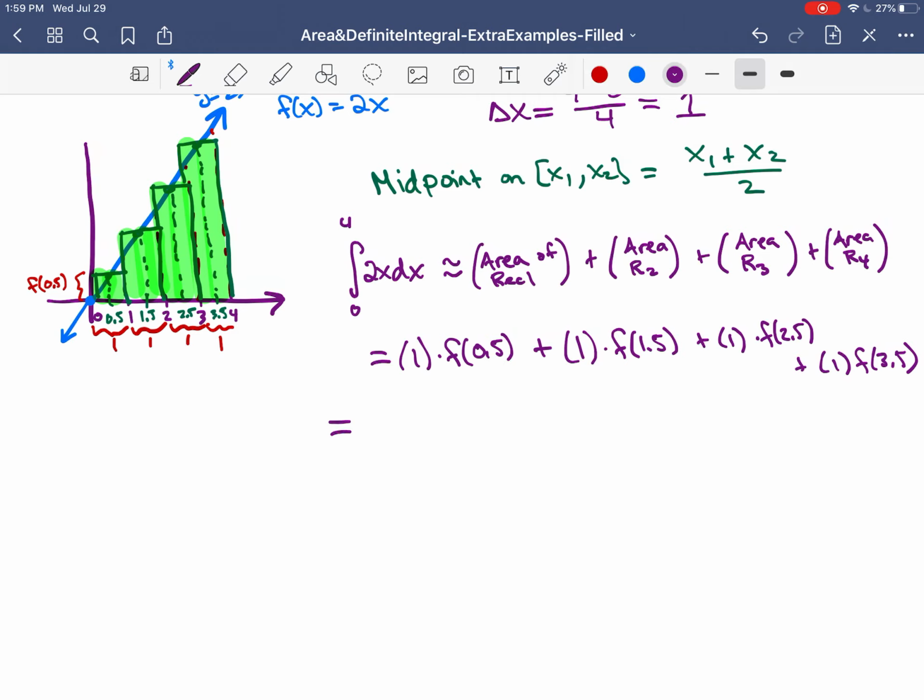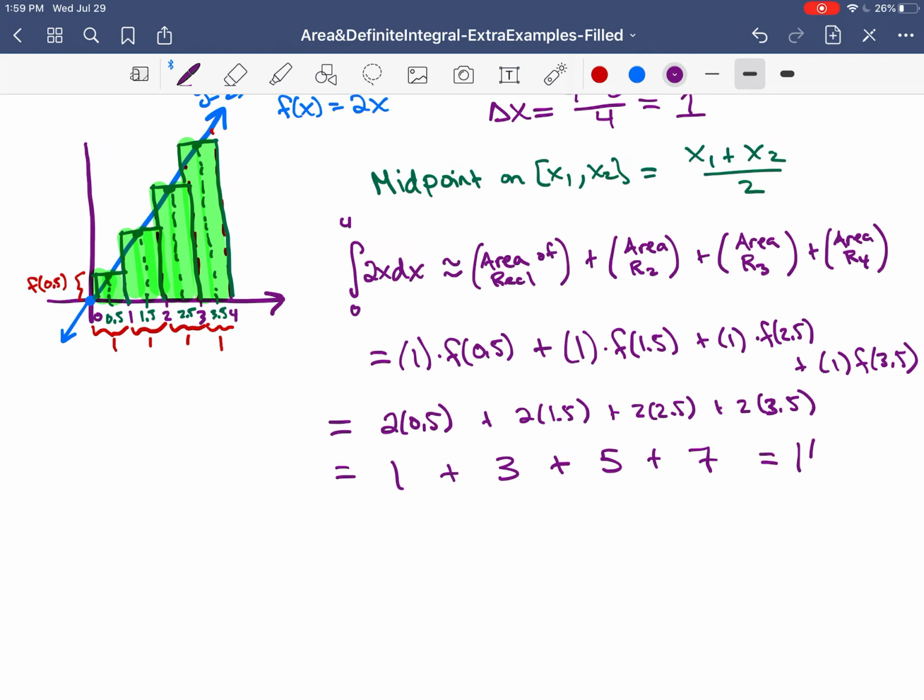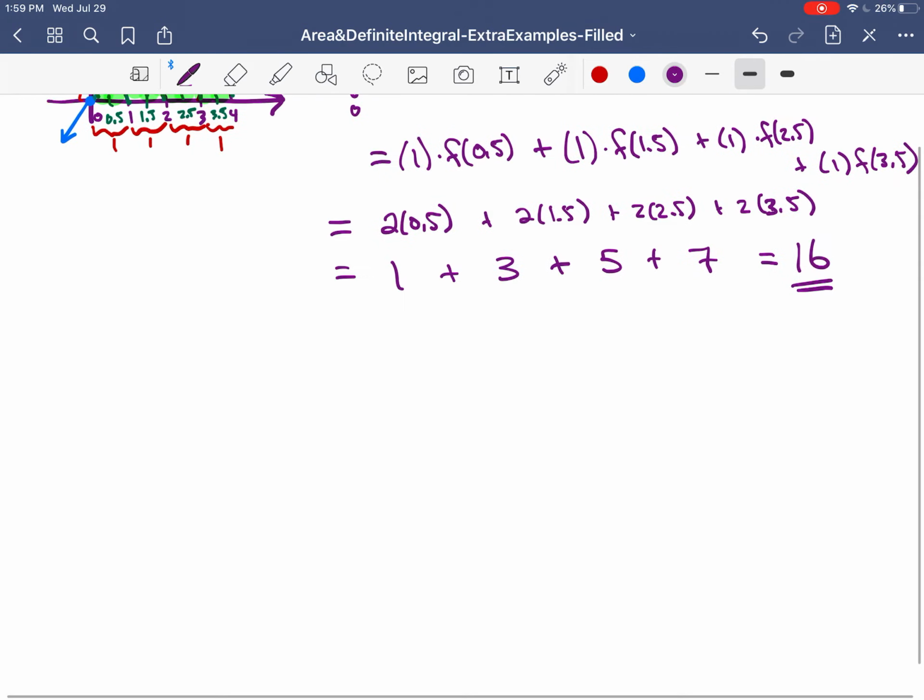To find f of 0.5, you can use the equation. It's 2 times x, so this is going to be 2 times 0.5 plus 2 times 1.5 plus 2 times 2.5 plus 2 times 3.5. That's 1 plus 3 plus 5 plus 7. So we get 16 as our approximation.